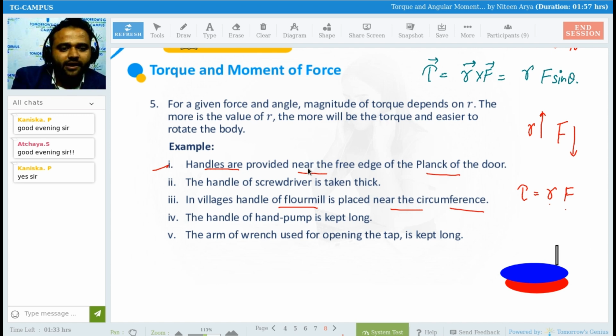If you rotate this handle, because obviously it is far away from the center, the torque is more. This handle is attached here instead of at the center, so we need to apply a lesser amount of force and it can easily rotate. In between we can put grains, pulses, sometimes rice, and mostly wheat to get the flour.